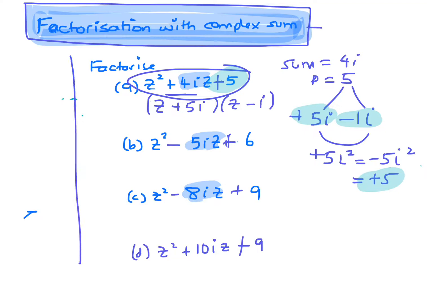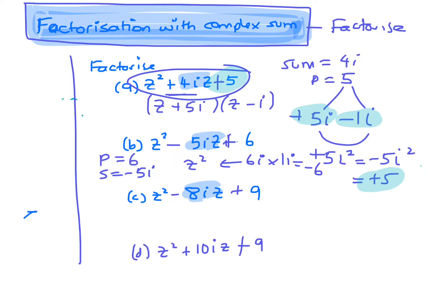This is just by factorising. There is another method where you can also complete the square. So this one here, the product is 6, the sum is minus 5i. So it's z squared, and we're going to have 6, either 6i times 1i, which will give you minus 6.